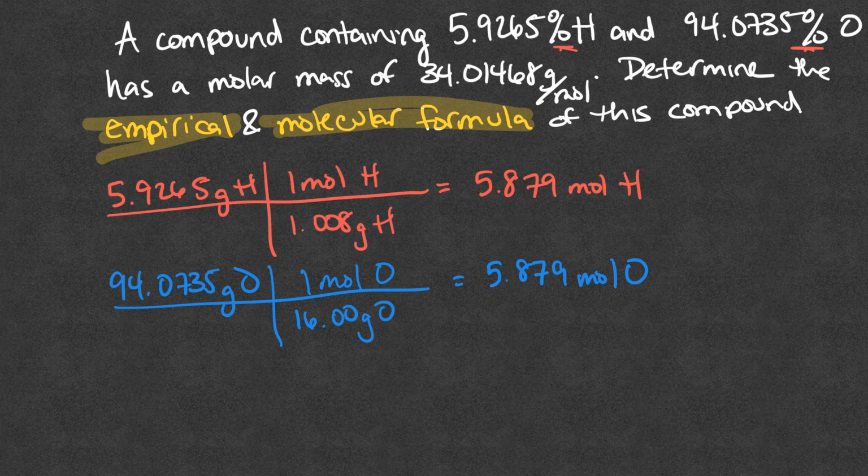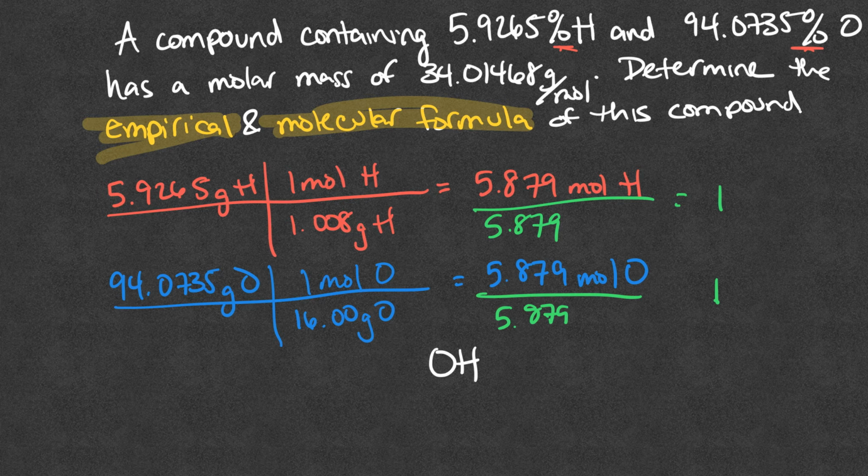Just like last time, you want to divide by the smallest number, and they're both the same number, 5.879. We divide by 5.879, and it turns out this is 1 and this is 1. So our empirical formula is simply OH. That's our empirical formula.